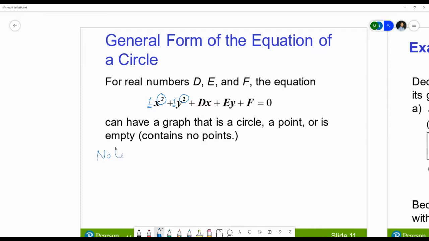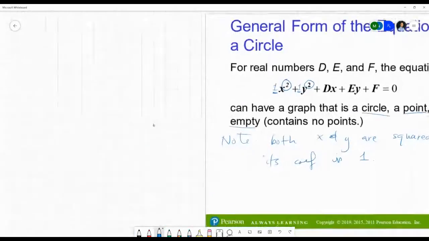Note both x and y are squared, and its coefficient is a positive 1, not negative 1. All right, so that means that what I can have is a circle, a point, or it's empty. Let me show you which scenario will give you a circle.